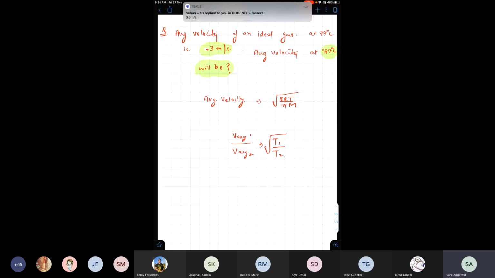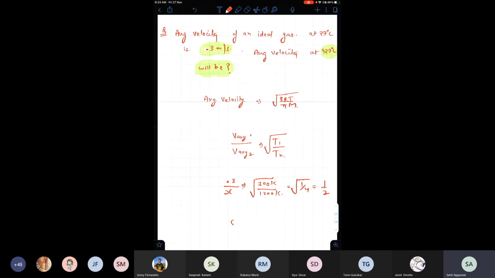So V average initially is 0.3 and this we do not know, equal to root of 300 Kelvin by 1200 Kelvin, which becomes root 1 by 4, that is 1 by 2.